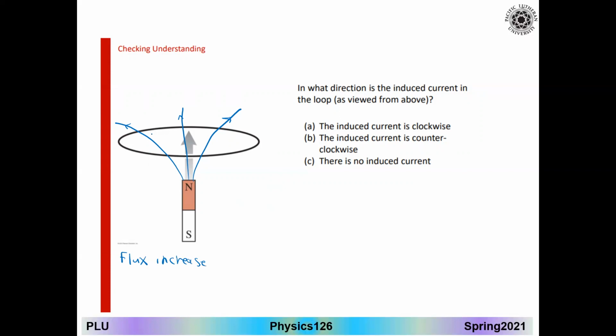So with flux increasing, Lenz's law states that the loop should generate a magnetic field to resist that increase, to cancel it. So we generate a magnetic field pointing down. Here is the induced magnetic field, we call it B induced.